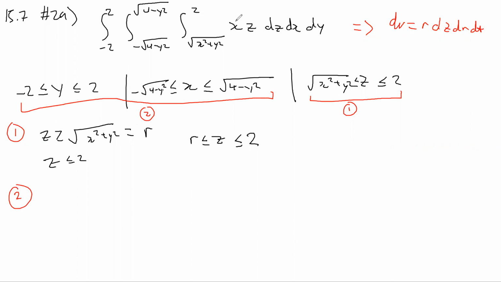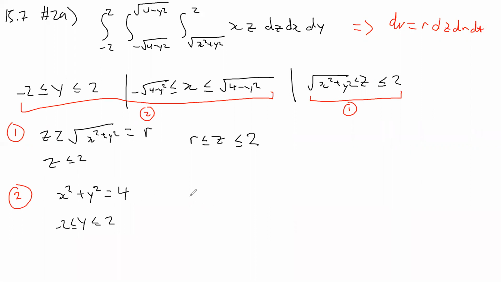Now, based on the inequality for x, we can formulate this equation of a cylinder, x squared plus y squared is 4, right? And further specified with y in between 2 and negative 2.